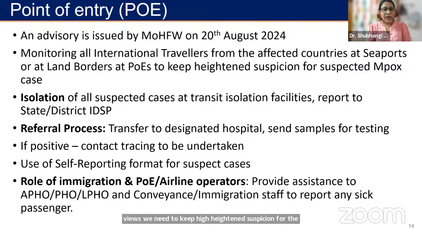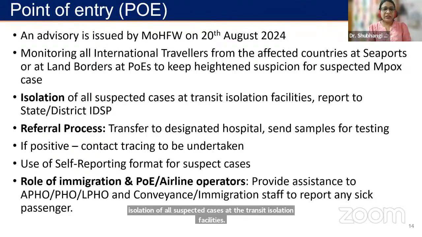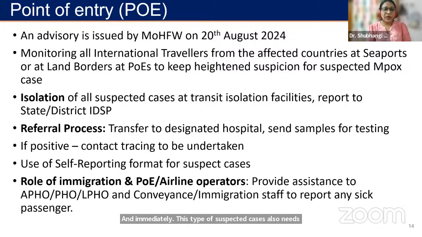We have to isolate all suspected cases at the transit isolation facilities, and immediately report them to the district or state IDSP officers. These suspected cases need to be transferred to the designated hospitals, and their samples need to be collected and referred to the designated lab.